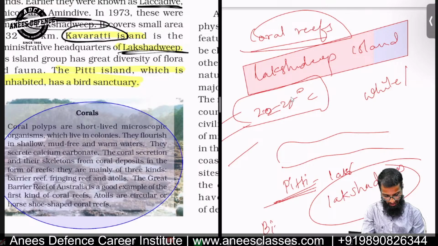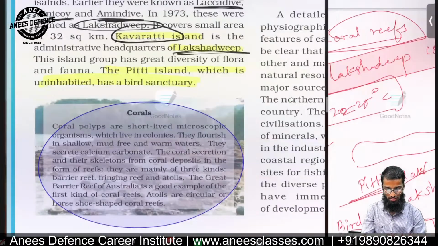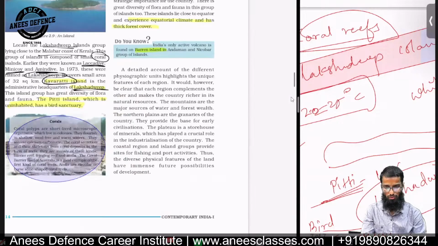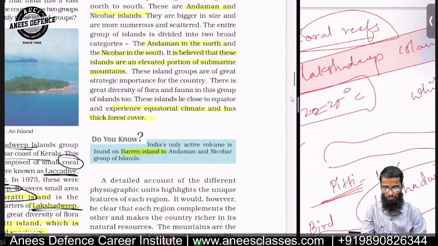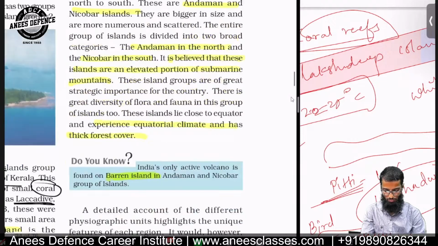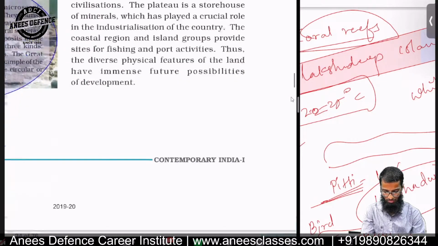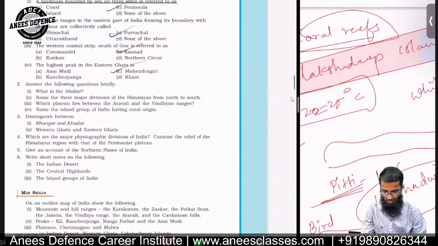So that type of question can also be asked: which island of Lakshadweep has the bird sanctuary? That is the PT Island. And you know that Barren Island has the only active volcano. So you need to study about that also. We have covered this.